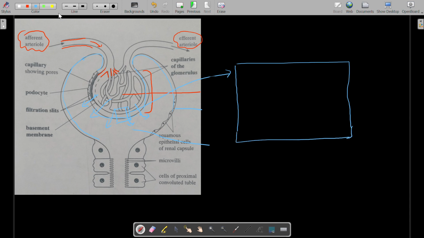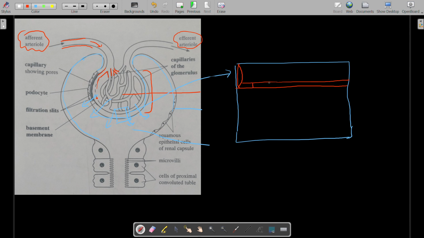Let us suppose this is the blood capillary, and this is the capillary wall.